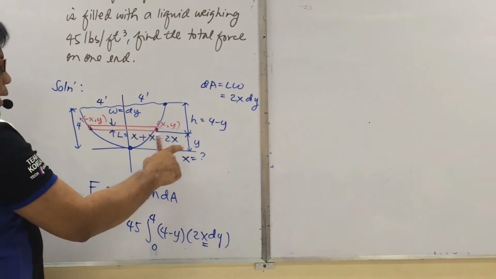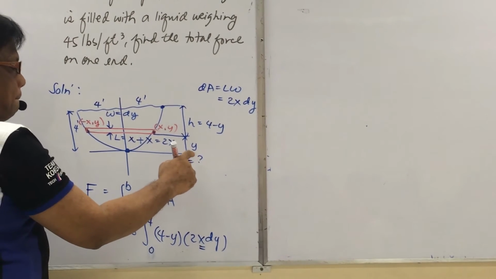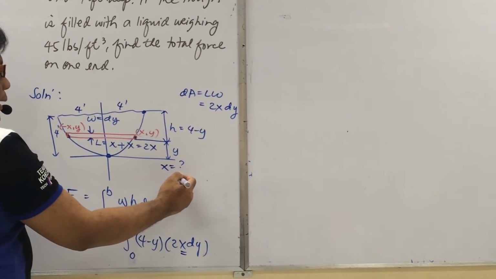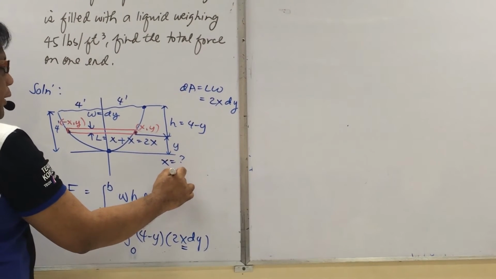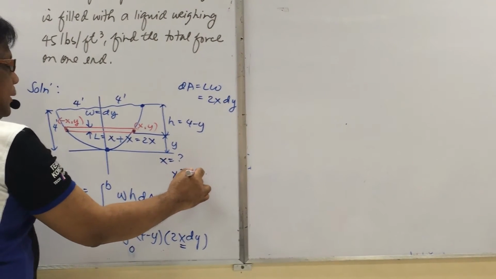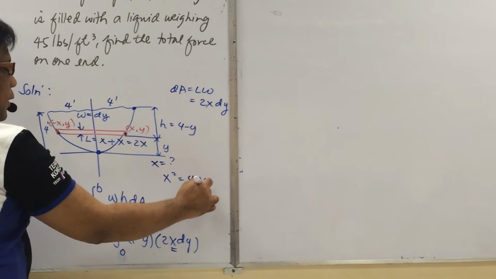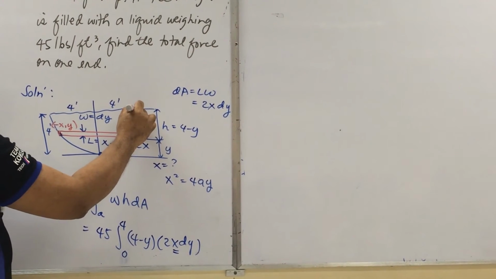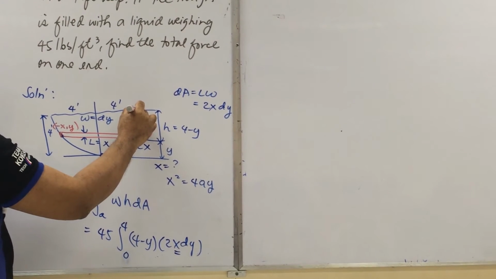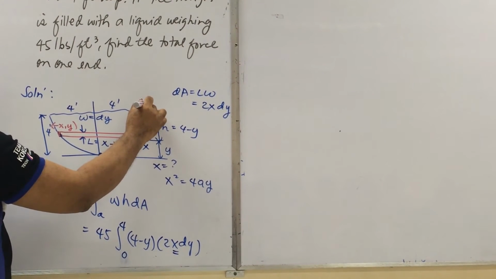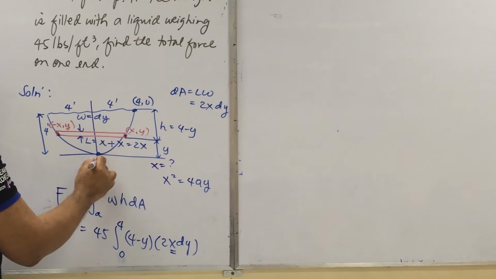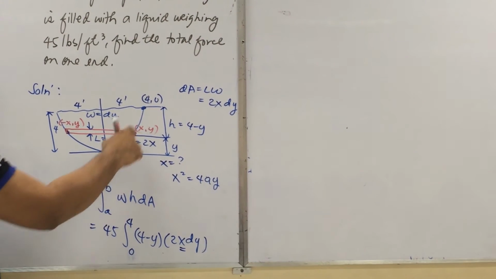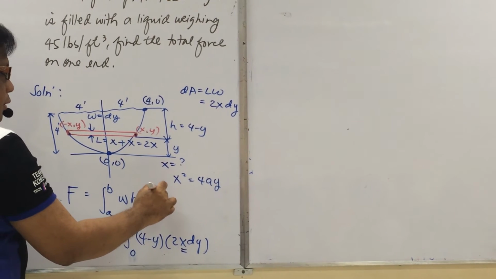The equation of this parabola is opening upward, so therefore it is x squared equals 4ay. If we select a point on the end of the parabola, let us set this as (4, 0), and the vertex is at (0, 0). So let us make use of (4, 0).